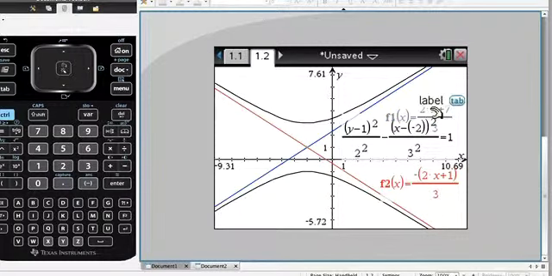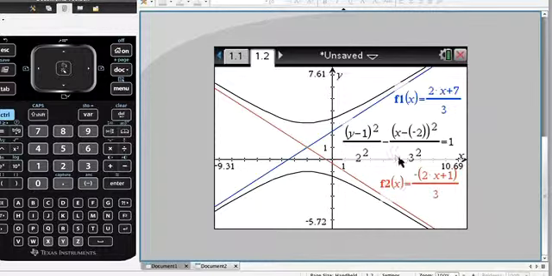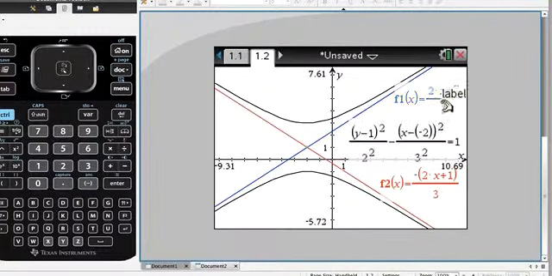It's always just a great idea to check, just to make sure that you've done it correctly. So this is the formula for our hyperbola in its north-south form, and the equations for our two asymptotes, and hovering over the center, you can see there your center is at -2, 1. So you've got all the information just by using your CAS.